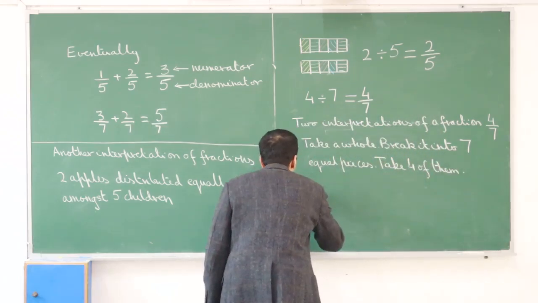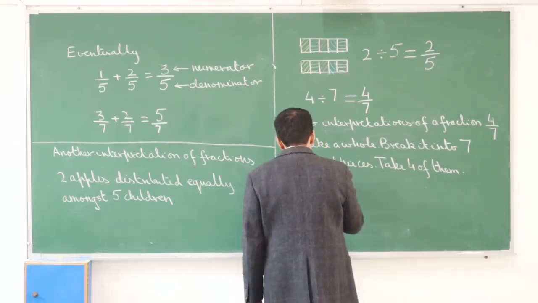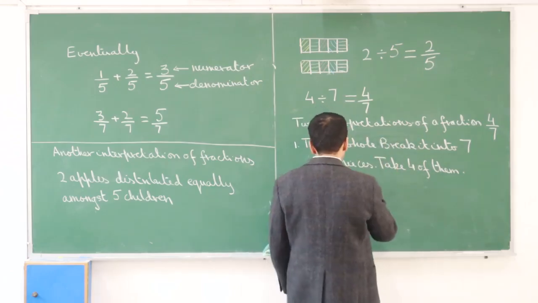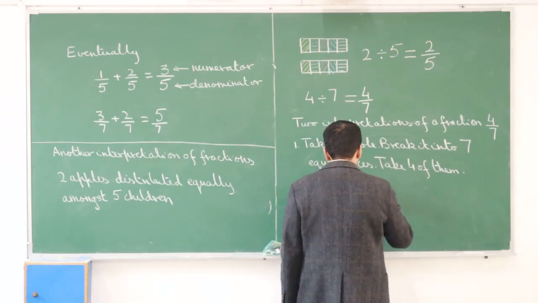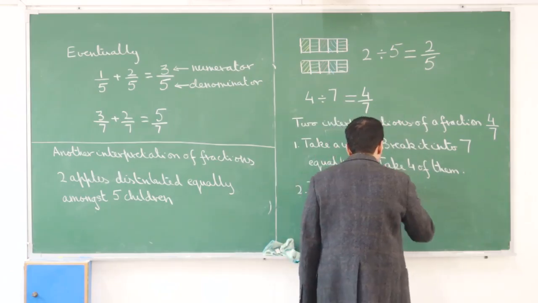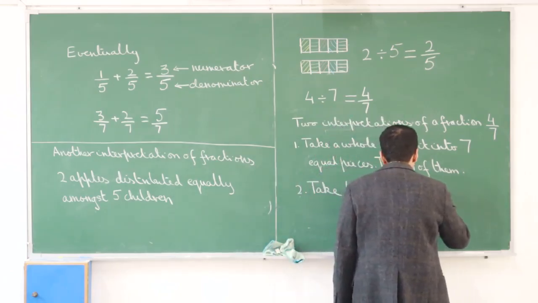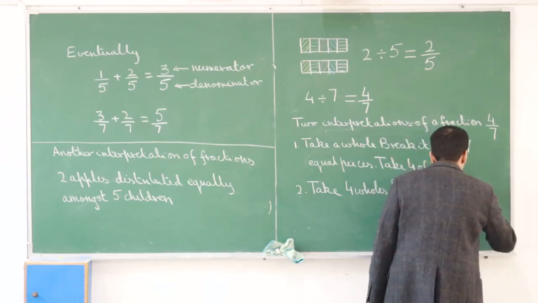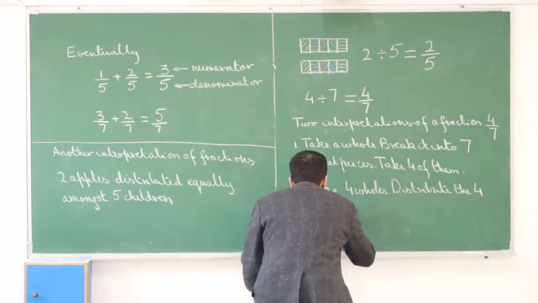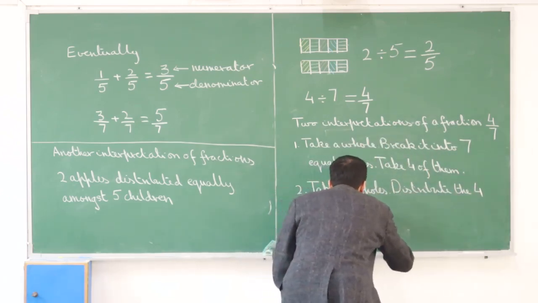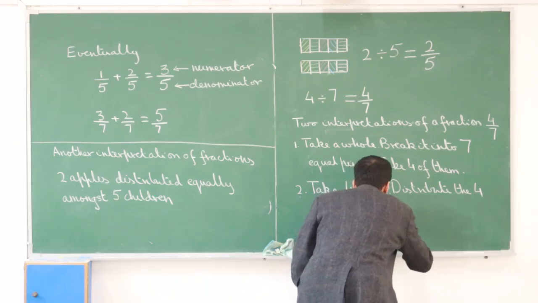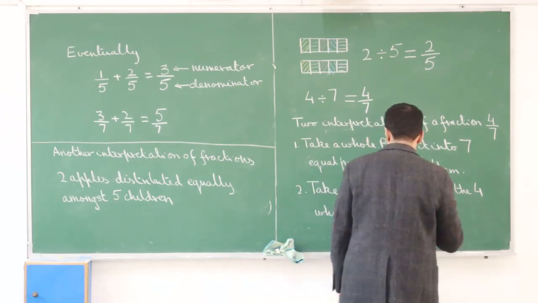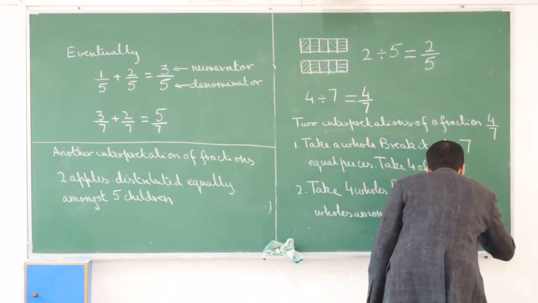The second interpretation would be: 4 over 7 would be, take 4 things, take 4 wholes. So here we had one whole. So now we take 4 wholes, distribute them equally among 7 people, distribute the 4 wholes amongst 7 people, and each person gets 4 over 7.